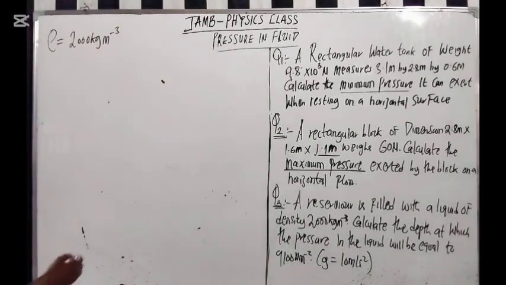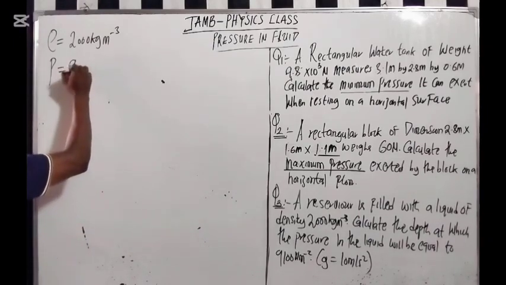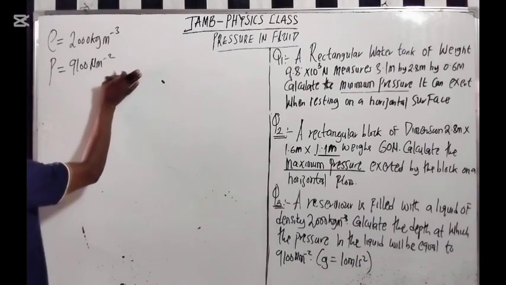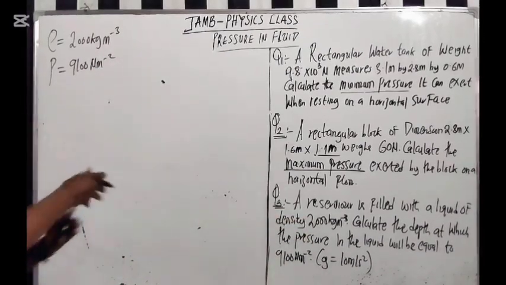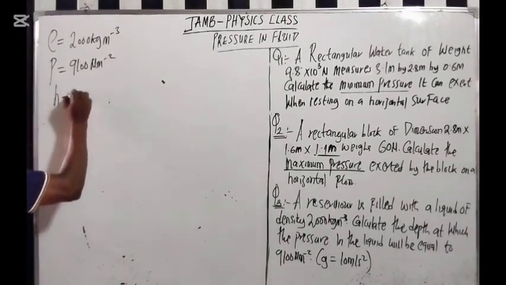The pressure given to me is 9100 Newton per meter squared. Now the height, because when they say the depth, they're talking about the height. So it's the height you are looking for.